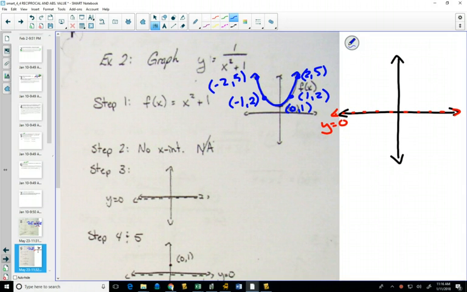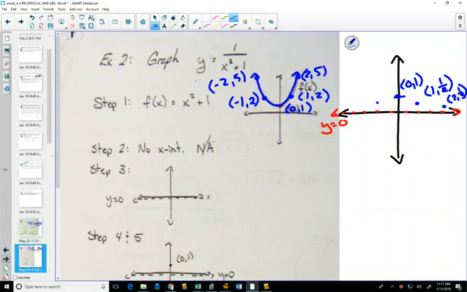Do we have any nice points? 0, 1. What's going to happen to 0, 1? Nothing. It's an invariant point. It stays the same because you do 1 over 1. What happens to 1, 2? 1 over 1, 2 becomes 1, 1 over 2. What happens to 2, 5? 2, 1 over 5.